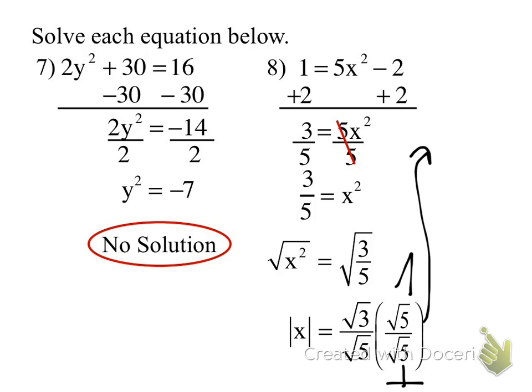Yeah. Radical 15 over 5. So this becomes radical 15 over 5 is equal to the absolute value of x. Okay, how do I finish that up? Kevin Park. The absolute value of x equals plus or minus radical 15 over 5. Perfect.